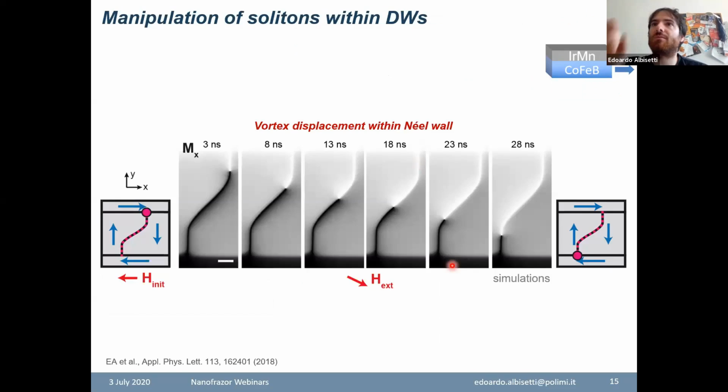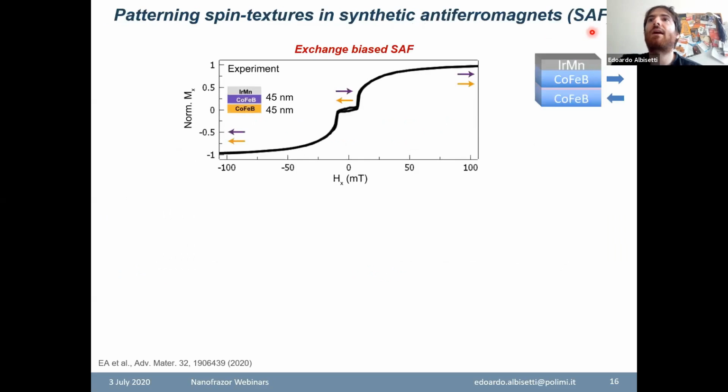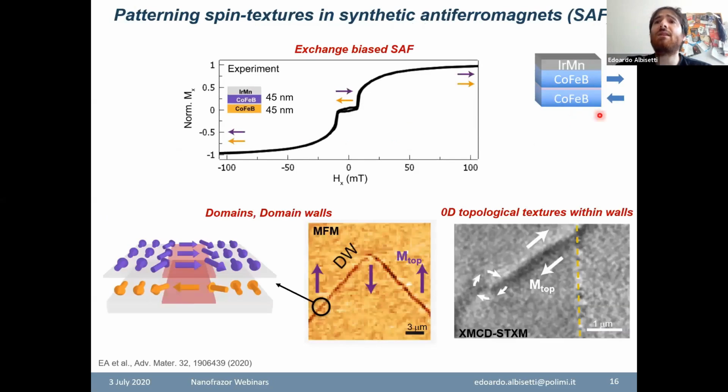So far, let me go back one second. So far, I just showed you tam-SPL in this particular system, which is the most simple system that you can have, where you have only one ferromagnetic layer and one antiferromagnetic layer that provides the exchange bias effect that you need for tam-SPL. But you can also complicate things a bit, and you can have different magnetic systems, for example, composed of two ferromagnetic layers, which are point-by-point oriented antiparallel to each other.